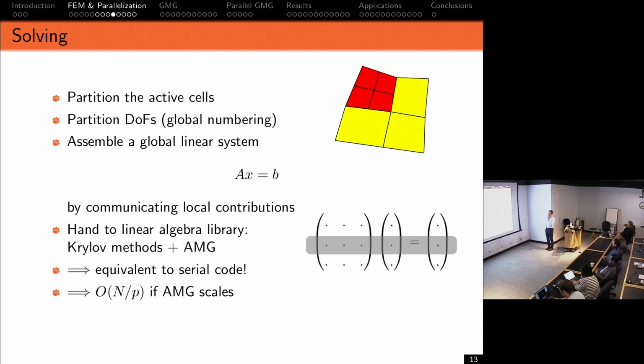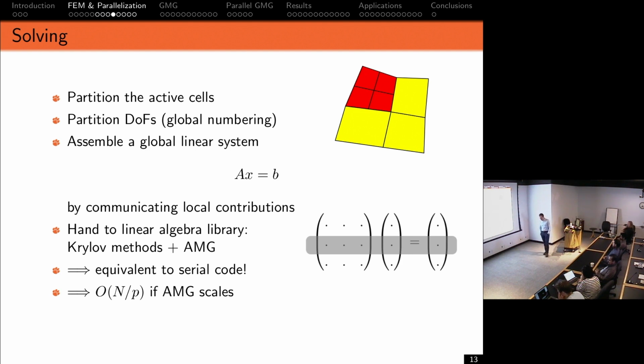So then, how do you solve linear systems? Well, you can hand this to your favorite linear algebra library. There's PETSc, there's Trilinos, there's others that can deal with this. Well, you hope, I guess. But the cool thing is that iterative methods can be parallelized, right?